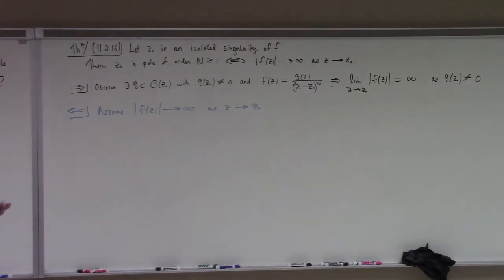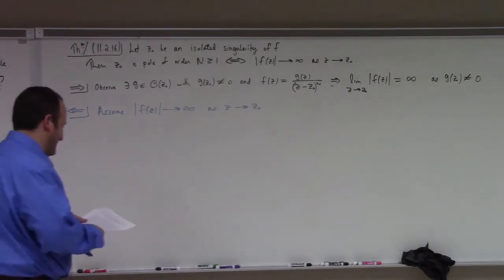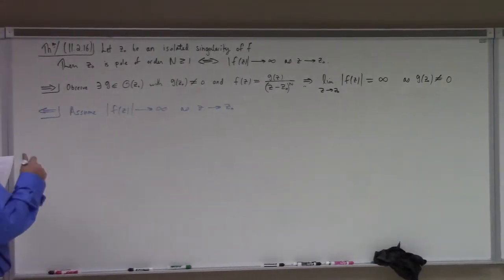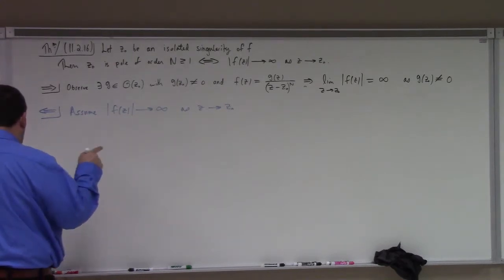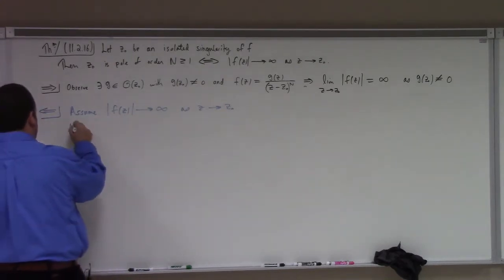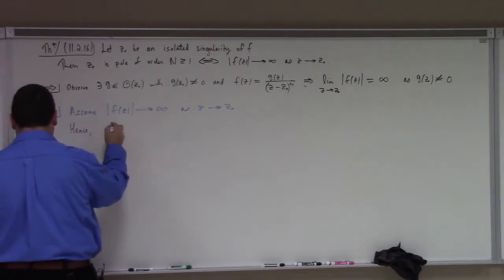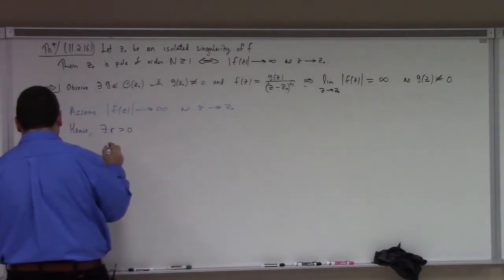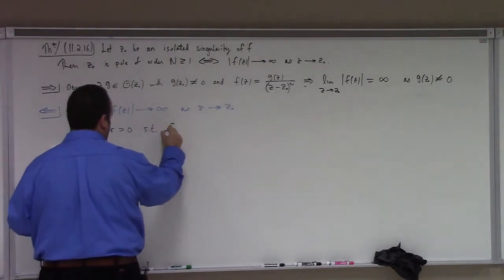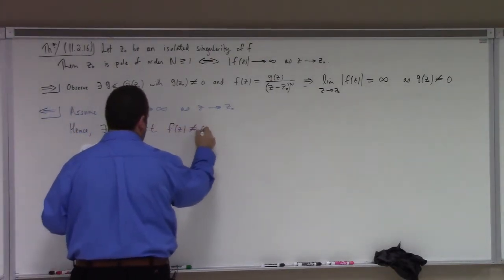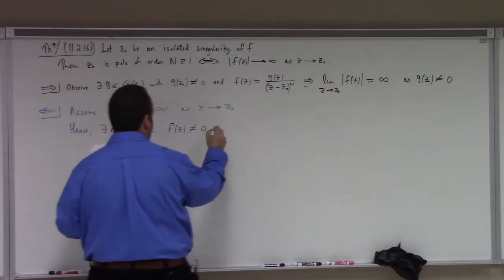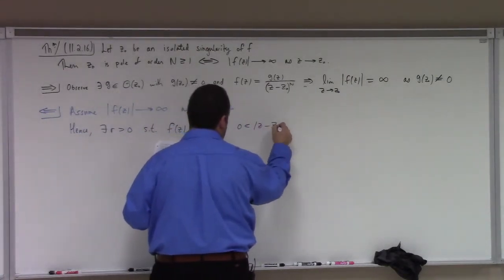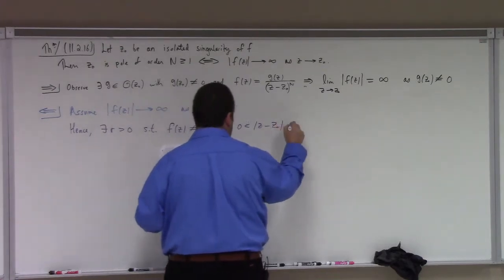The whole bounding by m thing is not even the point. Sorry about that. All right, so hence there exists r greater than 0 such that f of z is not equal to 0 for 0 less than modulus of z minus z naught less than r.